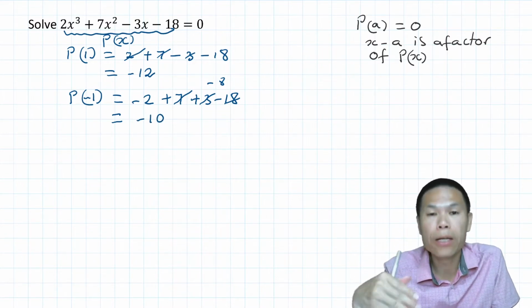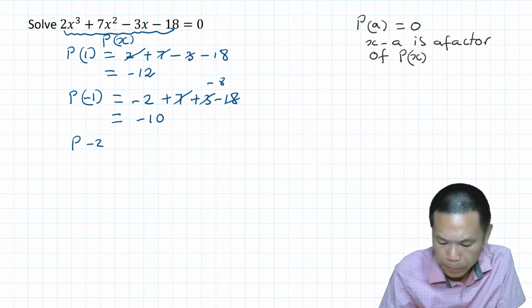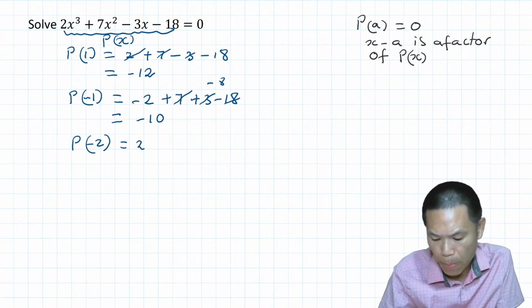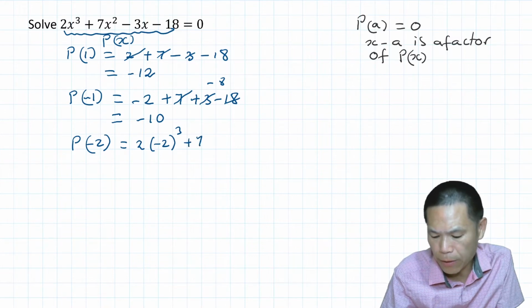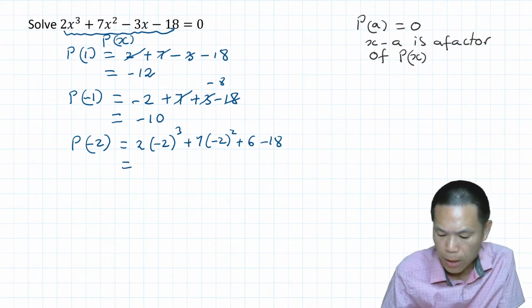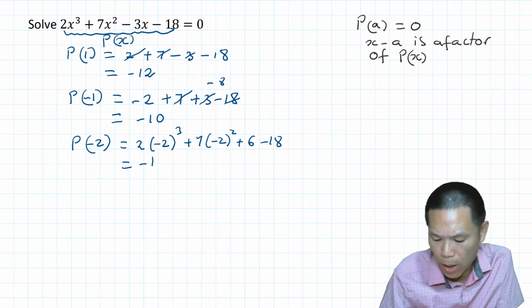So let's try negative 2. So P of negative 2 gives me 2 lots of negative 2 to the power of 3, plus 7 lots of negative 2 squared, minus 3 lots of negative 2, which becomes plus 6, and minus 18. Negative 2 to the power of 3 is negative 8, so 2 times that is negative 16. Otherwise, you can just put them all in the calculator.